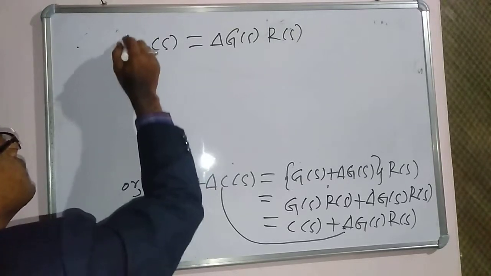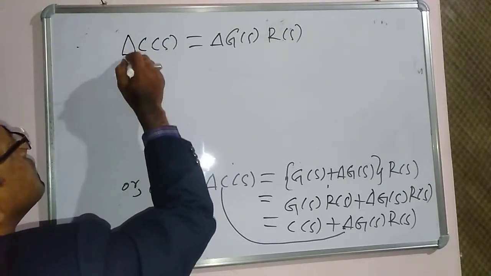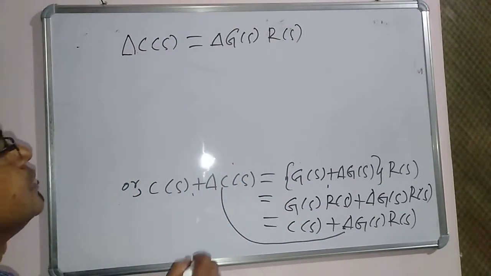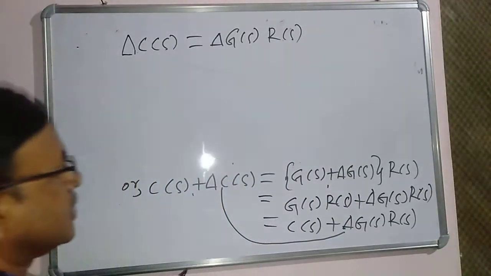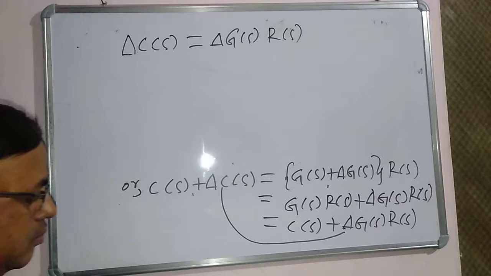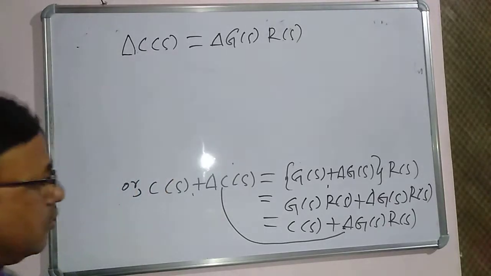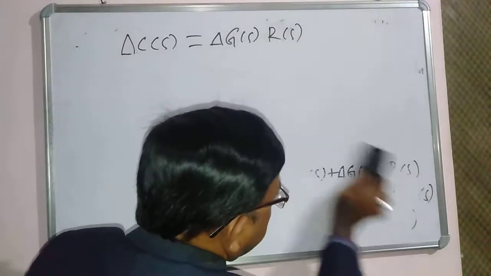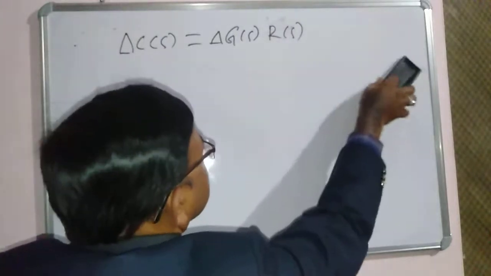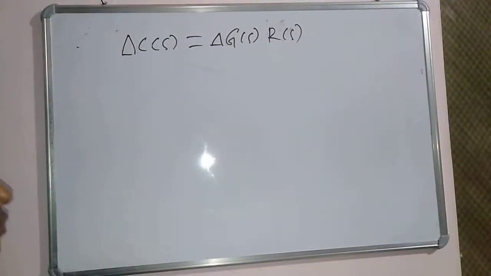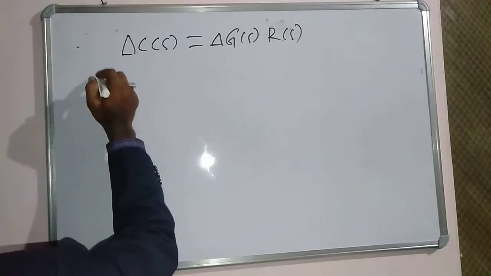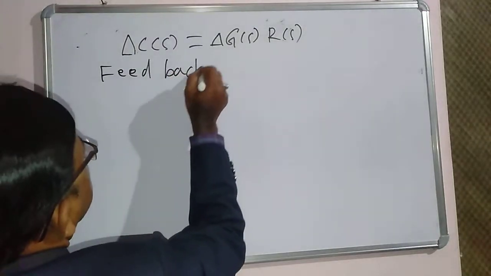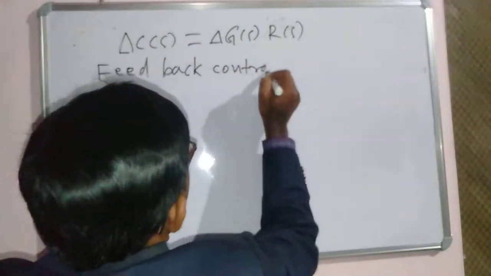This is the change in controlled output del C(s) due to parameter variation, that is del G(s) into R(s), in an open loop control system or non-feedback control system. Now let us consider the feedback control system and find out the parameter variations. So now take the feedback control system.